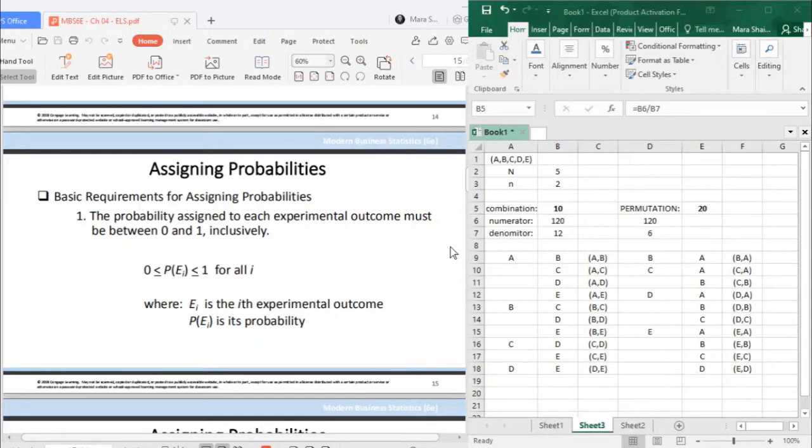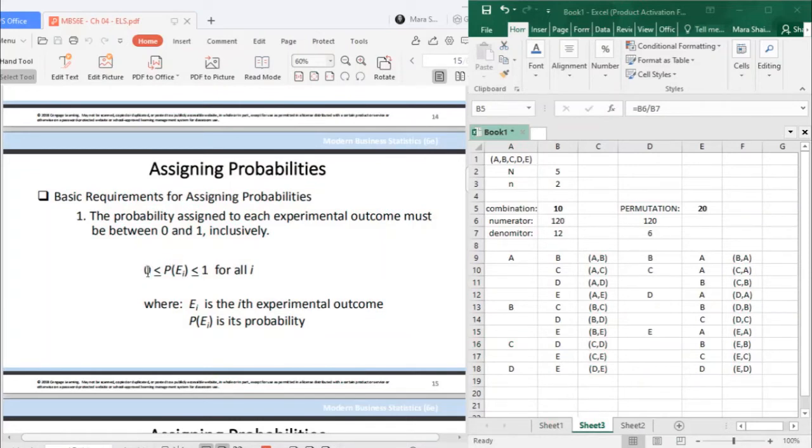First requirement is that the probability assigned to each experimental outcome must be between 0 and 1 inclusively. When we say inclusively, meaning pwede 0, pwede 1.